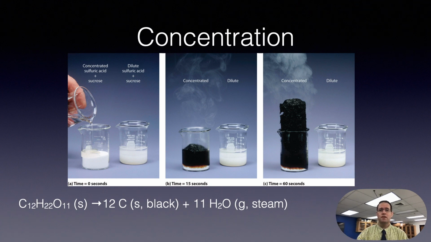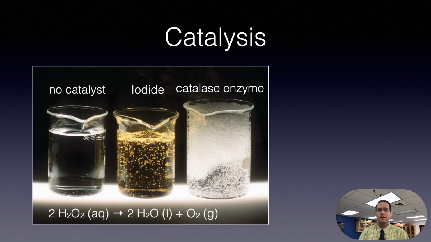Okay, so if you have a higher concentration, it's more likely to be a faster reaction. The last thing here is catalysis. A catalyst, we'll talk about how this actually works and what it does in terms of the energetics. But for now, just look at these diagrams here. We have hydrogen peroxide, remember, decomposing to form liquid water and oxygen gas. On the very left, if you pour some hydrogen peroxide into a beaker, it just kind of sits there.